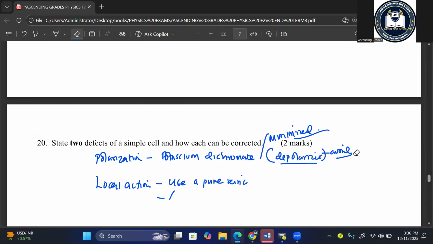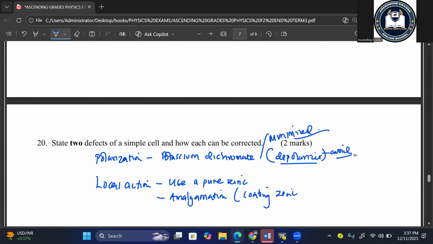Even when I'm teaching, I usually skip that part in pronouncing it. So this is coating zinc with mercury.